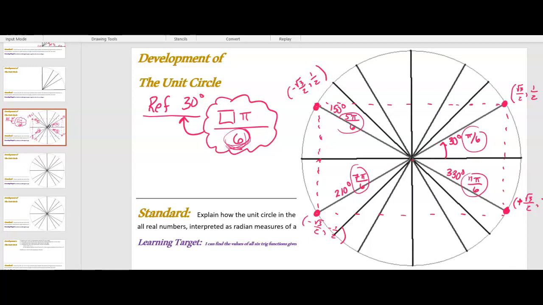So the nice thing is I call all of those 4 points and those 4 angles, they are all reference 30 degrees. 30 degrees from the x-axis, 30 degrees from the x-axis, 30 degrees from the x-axis. That's why reference angles matter, and that helps you kind of compartmentalize those 4 points on the unit circle. Okay?